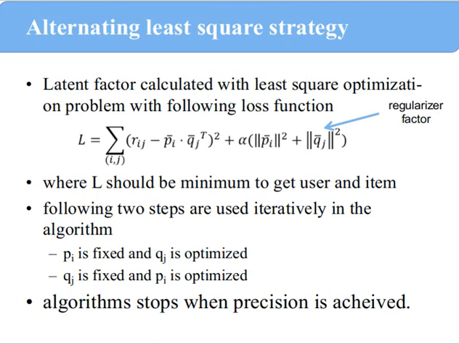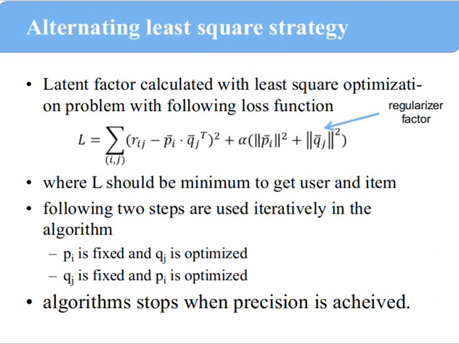Now there is one more method, that is the alternating least square strategy. In this one, the latent factors are calculated with least square optimization on the problem with a loss function, and that loss function is represented here. In this equation we already have all the terms which were previously defined.